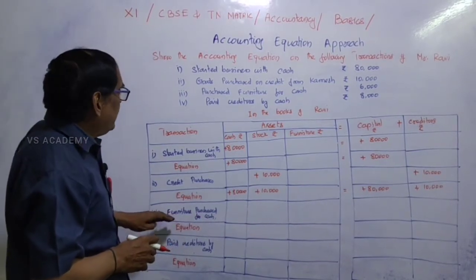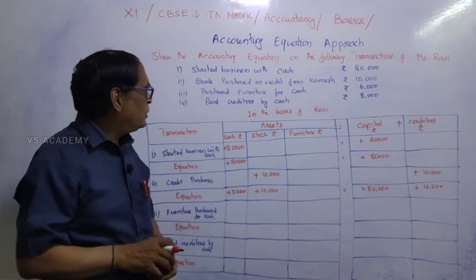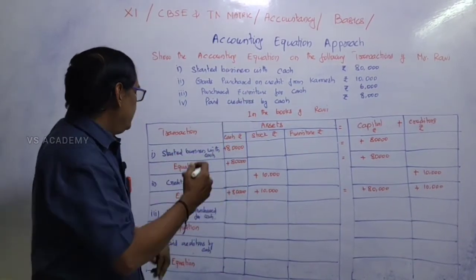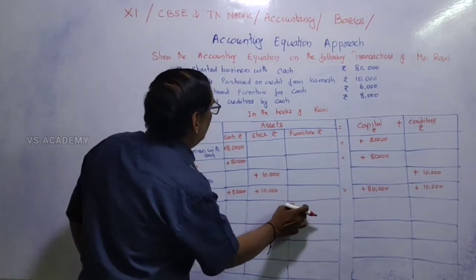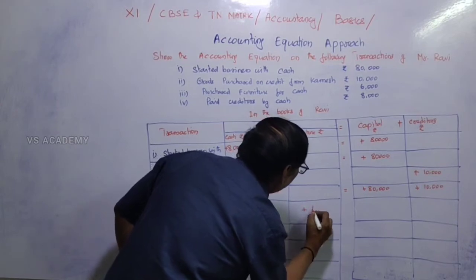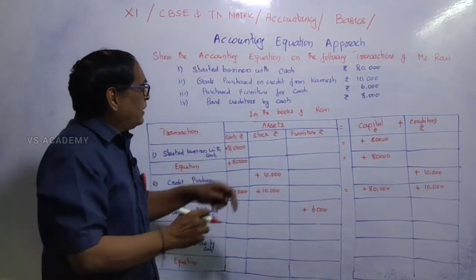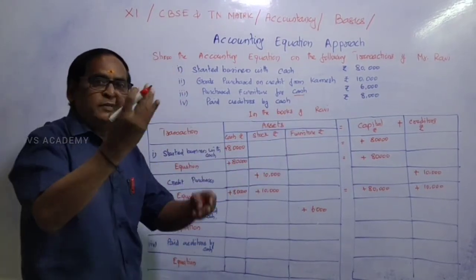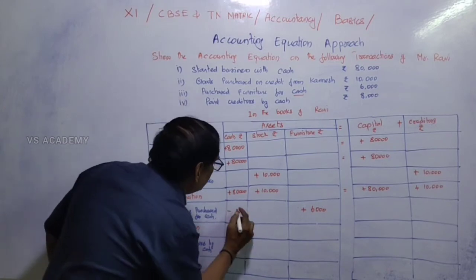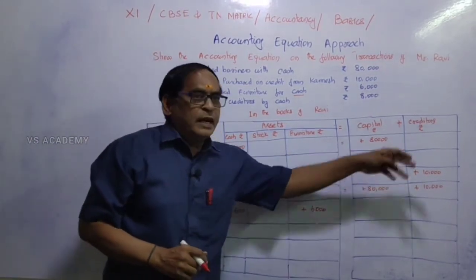And then, as it is, you can keep it. Then purchased furniture for cash rupees 6,000. That means furniture is increased, so one column, plus 6,000 rupees. And since furniture was purchased for cash, the cash balance will be reduced by 6,000 rupees. There is no adjustment in the capital and creditors.